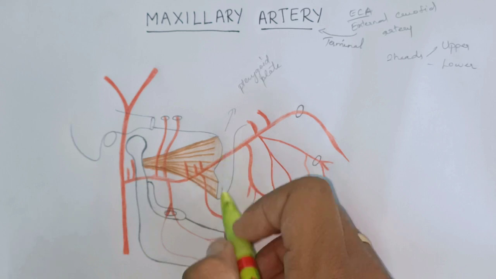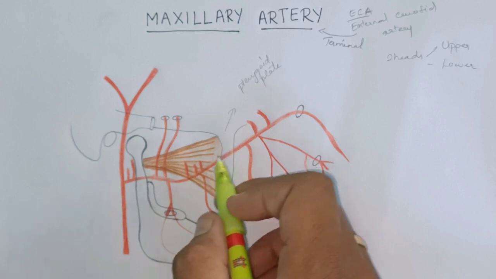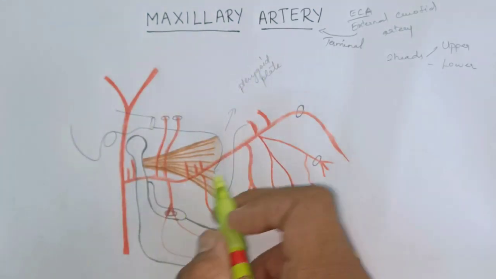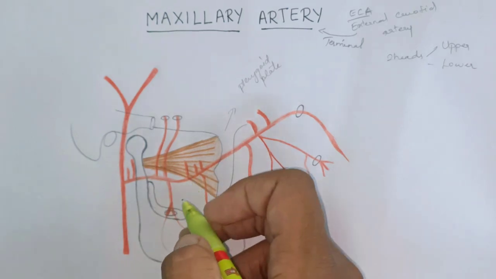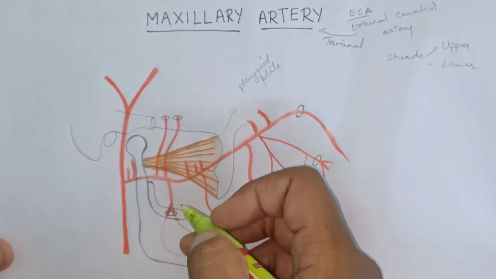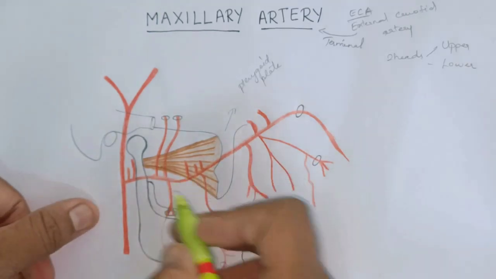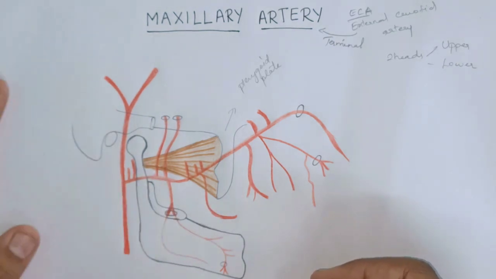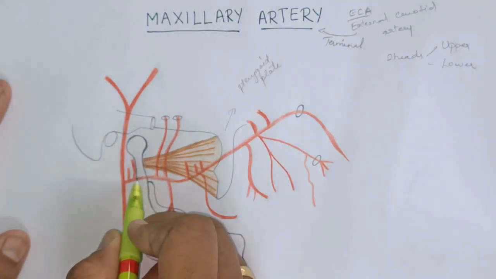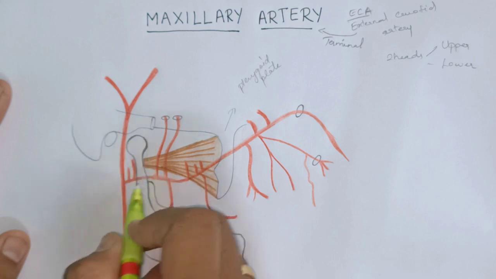To know about the distribution of the maxillary artery, you should know that the distribution can be based on the lateral pterygoid muscle only. So we are dividing this entire maxillary artery into three different parts based on the presence of lateral pterygoid muscle.